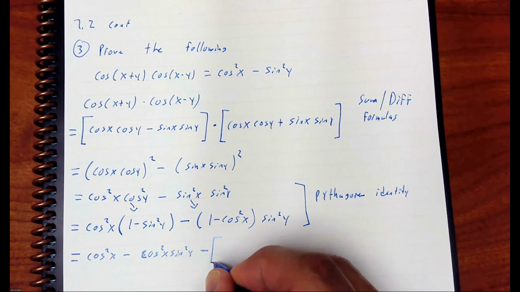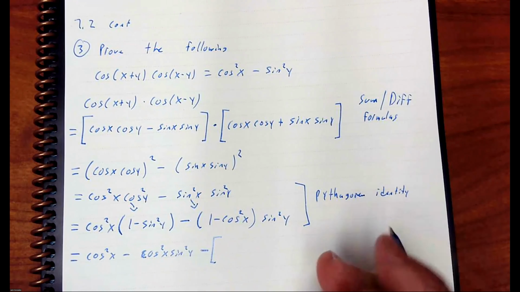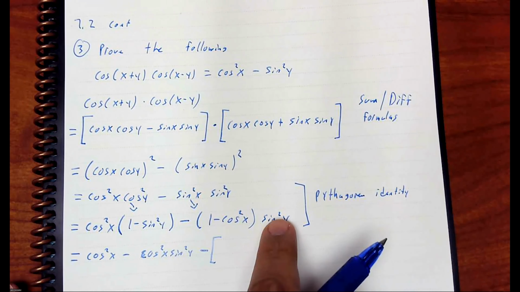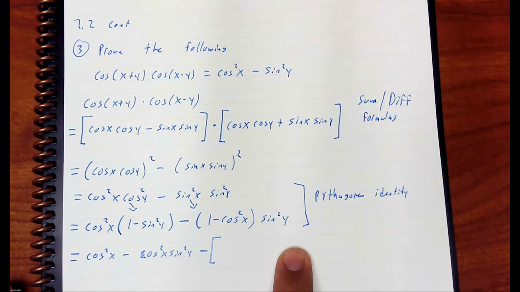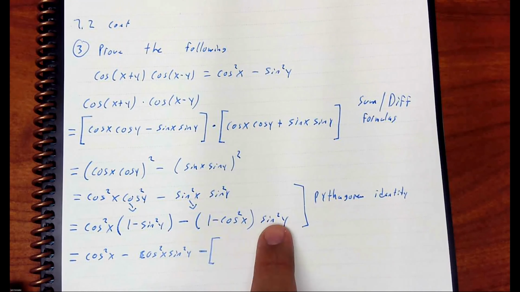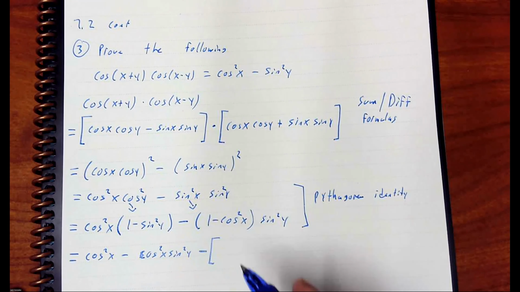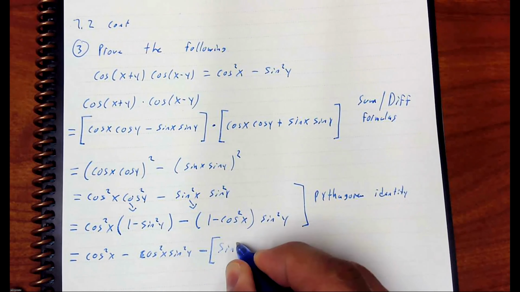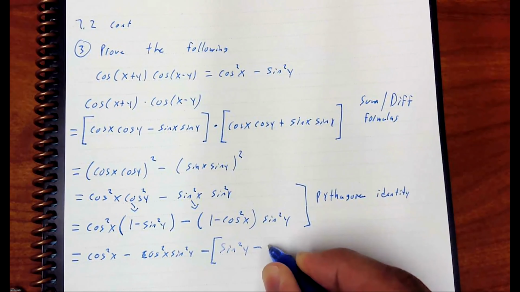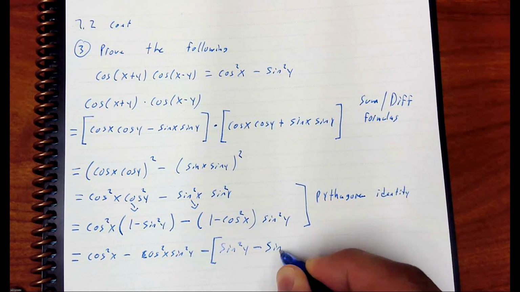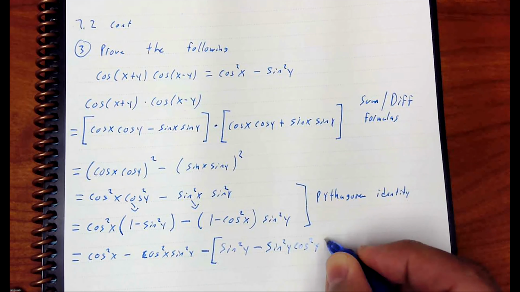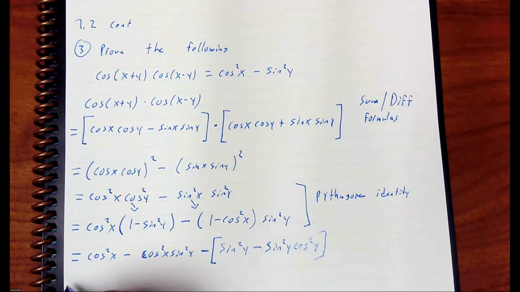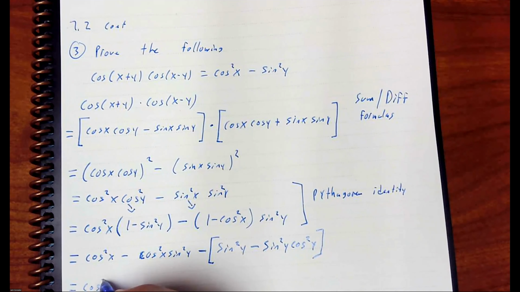I'm going to put a bracket because there's a minus and a product, so I don't want to confuse myself. I'm going to do this multiplication backwards. Is that weird? Is that okay? This times that, this times this. So that'll leave us with sine squared y minus sine squared y cosine squared y. Distribute your negative, and I think these will cancel, like we hoped.